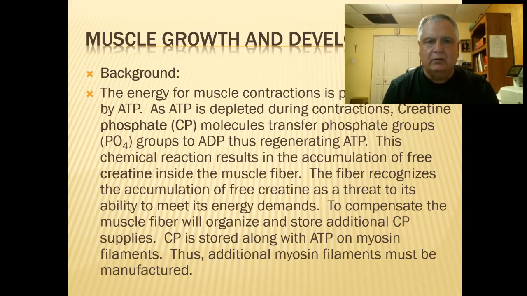And in muscle fibers, along with myosin, actin is always created. So exercise, which depletes creatine phosphate and creates free creatine, causes the muscle to create more free creatine and at the same time increase the number of myosin and actin filaments inside the muscle fiber, and the muscle fiber is going to get thicker.